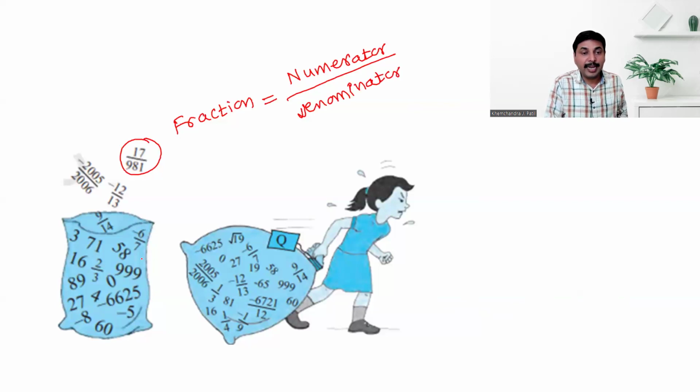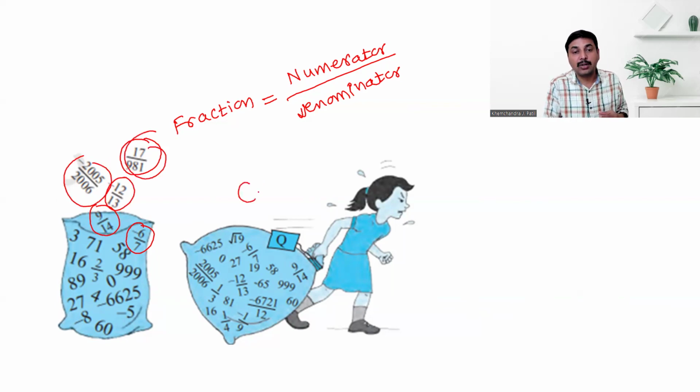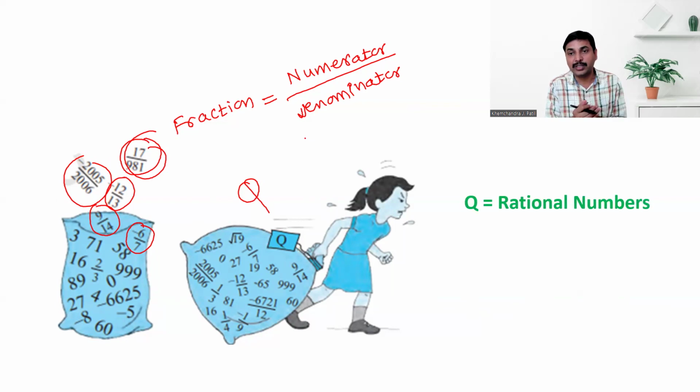So we already have this bag of Z, that is all integers. Now we are dropping some fraction numbers into it, and that whole bag is called Q, the bag of Q numbers. Q stands for rational numbers, and that is the agenda of today's session.